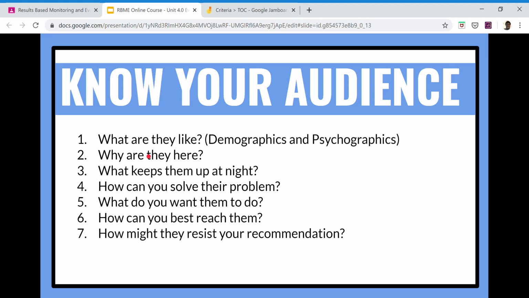In a list of stakeholders, you might not necessarily have all of them as decision makers, but you need to find out who they are. What are they like is very important: their demographics, their age, their background, where they work, what they've been doing in the past.